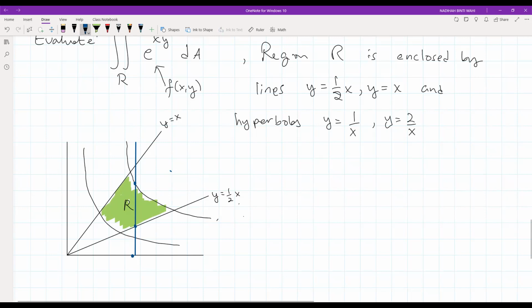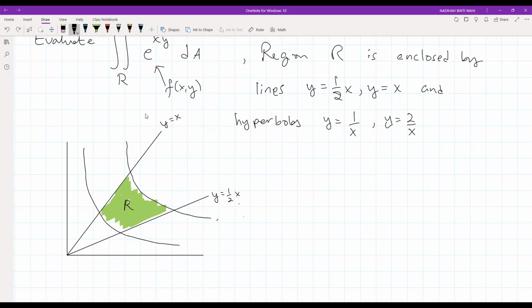But if I pick another point right here, I enter on a different line and also exit on a different line. So you cannot do it directly like that. In this case, I can choose to use change of variables.